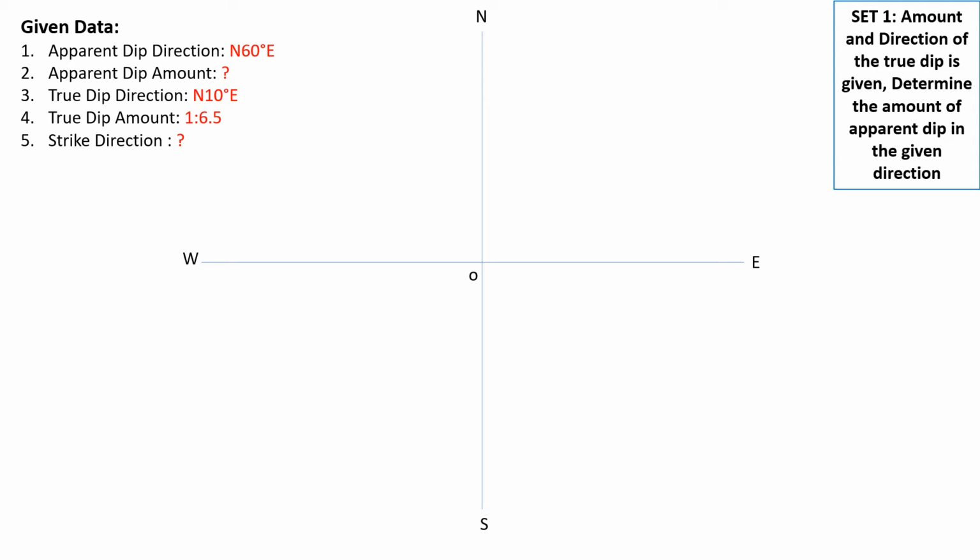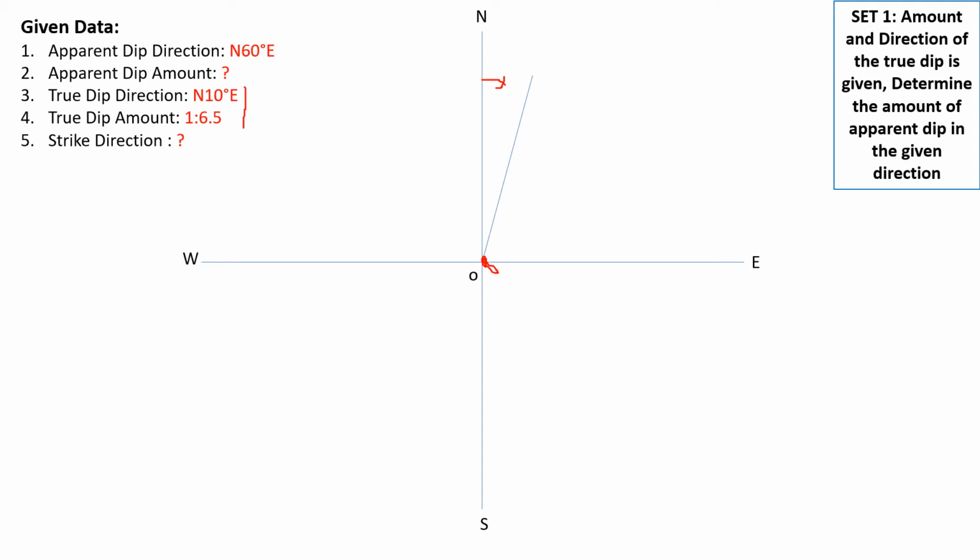First we have both the data for true dip, that is direction as well as amount. So we'll plot the north 10 degrees east direction and mark 1 is to 6.5 as the amount. I'll measure from point O and draw the north 10 degrees east line.